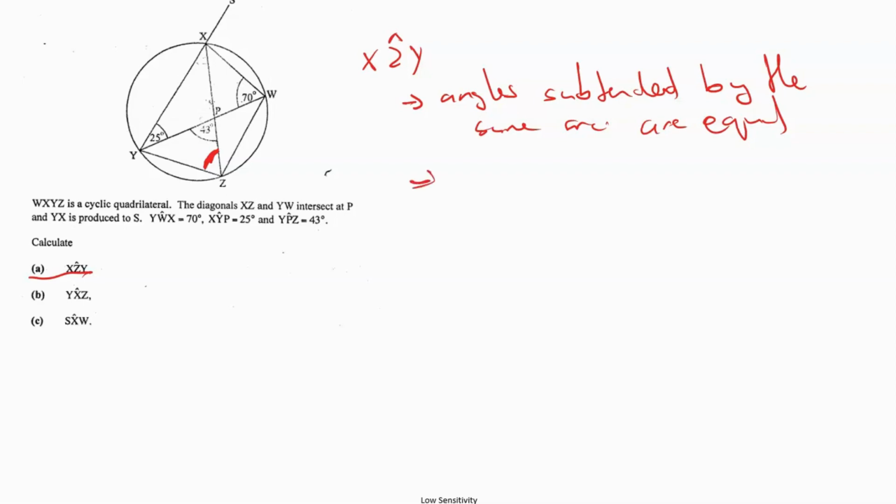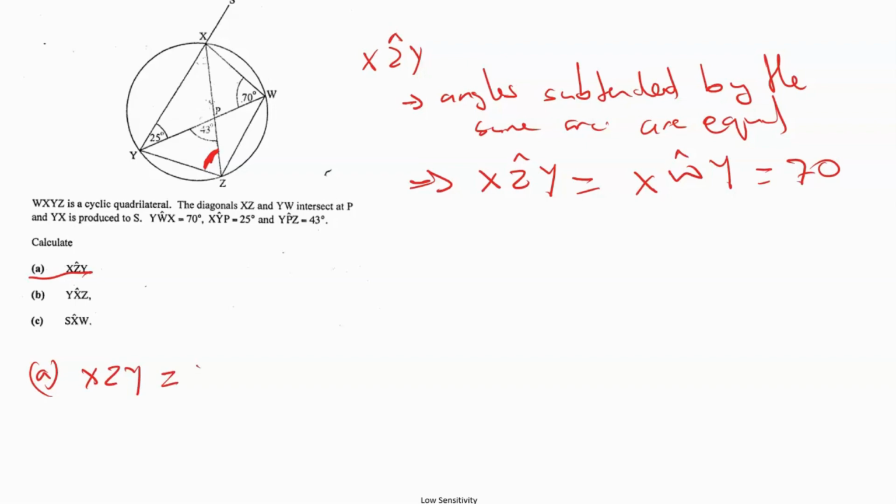Therefore we know that XZY is equal to XWY, and we know that XWY is equal to 70 degrees. So our answer to A, which is XZY, is equal to 70.